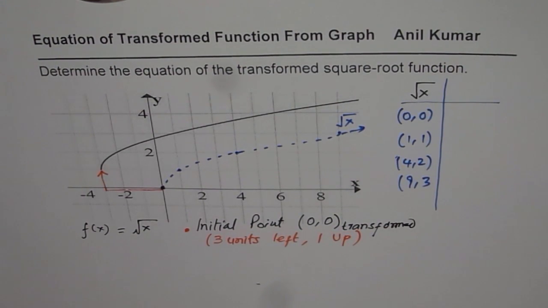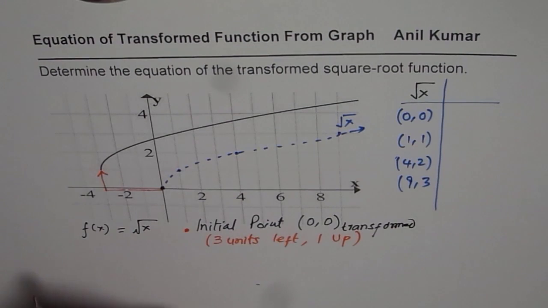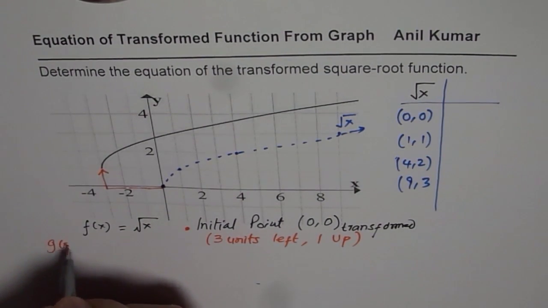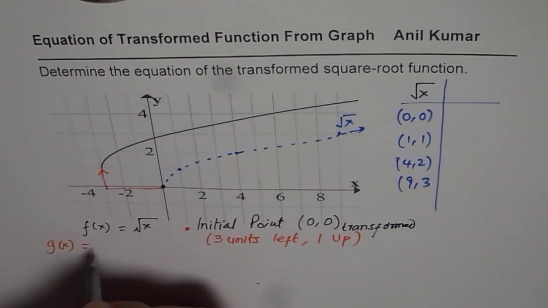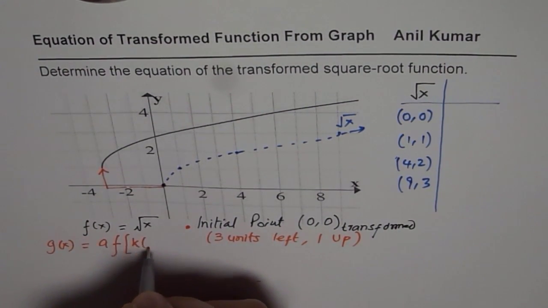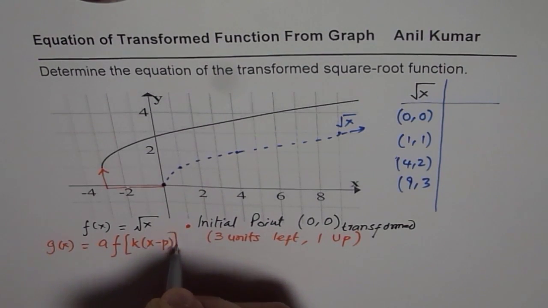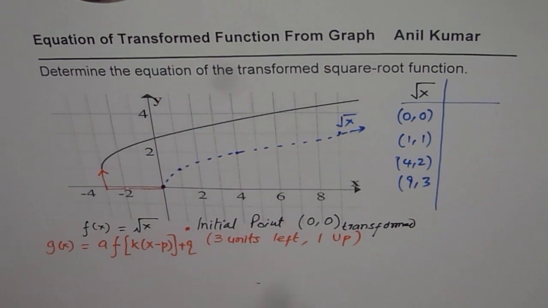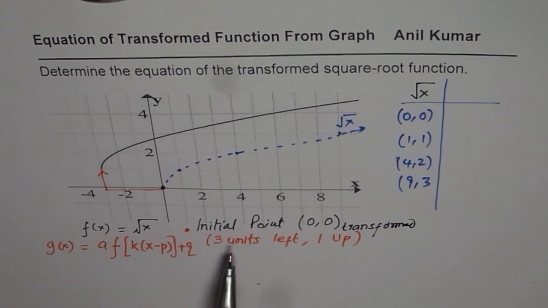When we are saying we need to find the equation of a transformed function, let us say g of x is the transformed function. We want to write this as a times f of k times x minus p plus q. So we want the value of all these parameters. So 3 units left, 1 unit up means that p is minus 3 and q is plus 1. So we got 1 point.